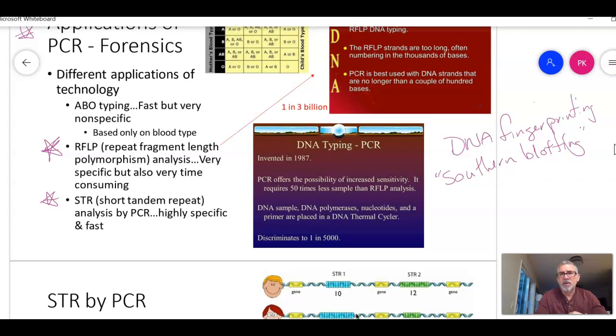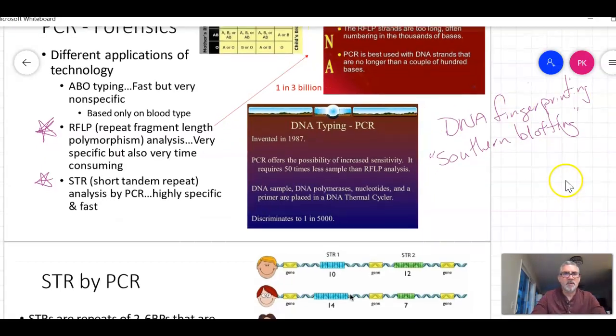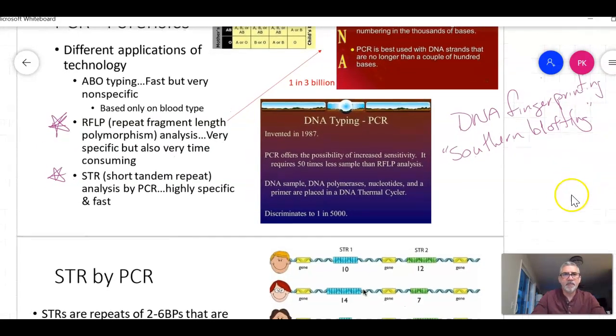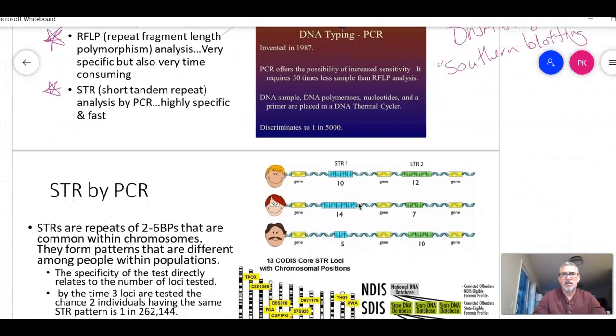Now, 1 in 3 billion is probably pretty specific, but if you think we have almost 8 billion people in the world, it's probably not specific enough, especially if you're convicted of something you don't think you did. So we generally use STRs, and both of these are NTRs, or non-translated regions.